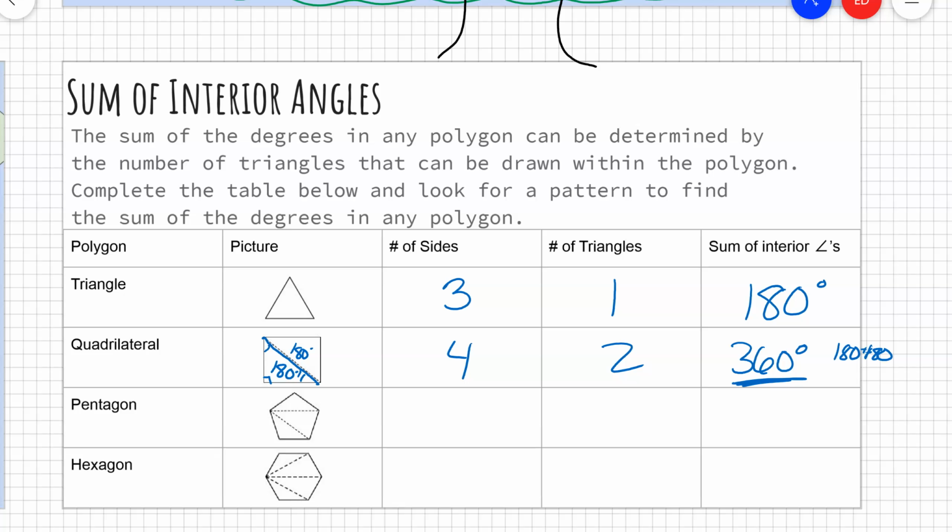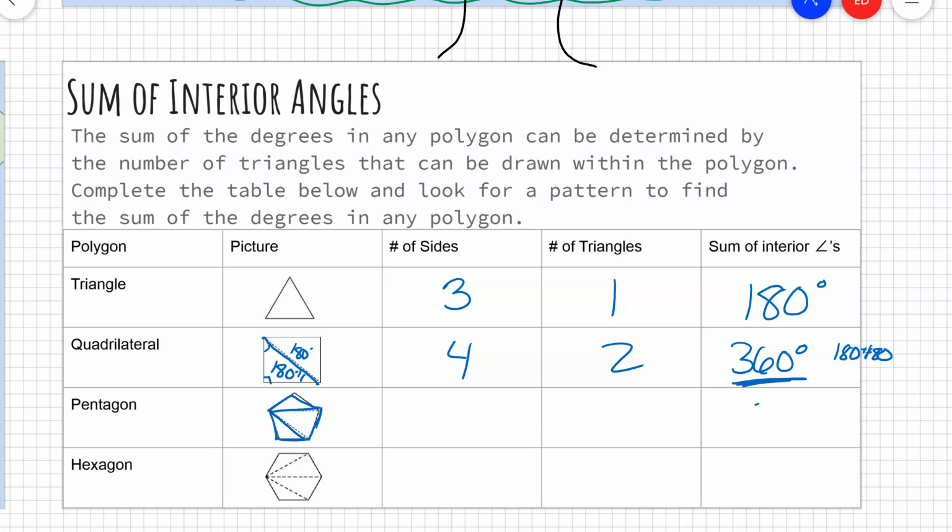Now there's going to be a pattern to this, and I want you to stop for a second. We can do the next one together, and then I'm going to stop and have you figure out what the pattern is. So for this pentagon, if we drew 2 diagonals within the pentagon, we can break it down into 3 different triangles and add all of those interior angles together.